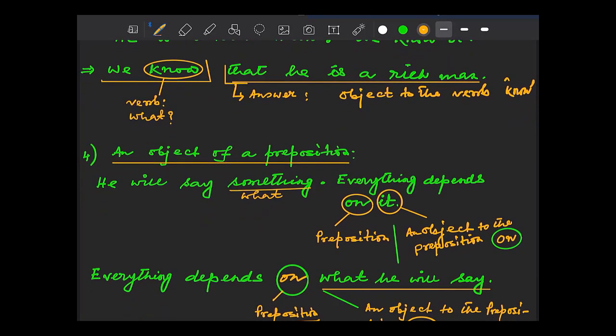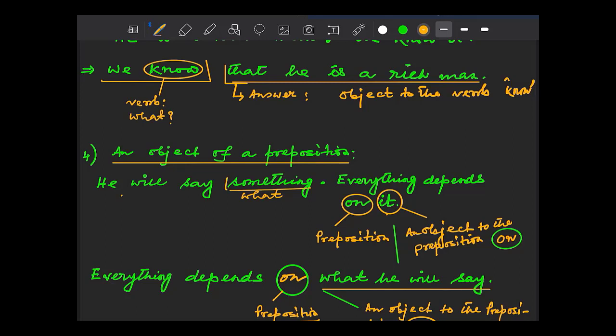Next one, an object of a preposition. See the sentence. He will say something. Everything depends on it. Here see, on is a preposition, you know, and this it is actually an object, and it is called object to the preposition on. Okay, so he will say something.